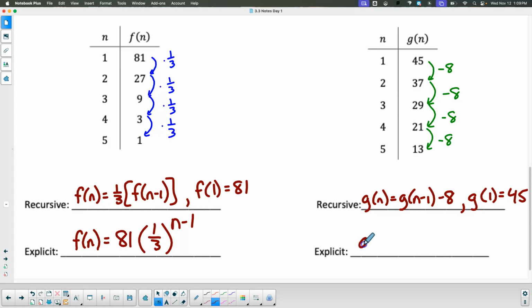So then my explicit function would be g of n equals -8n plus 53. You might have written it in this form.